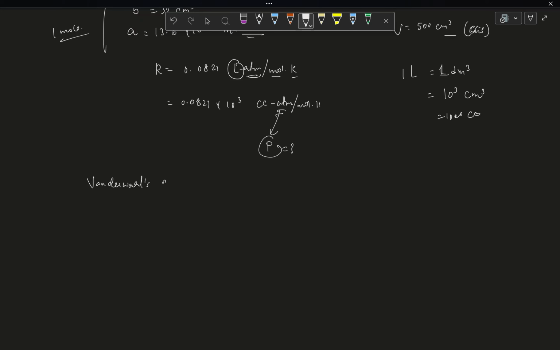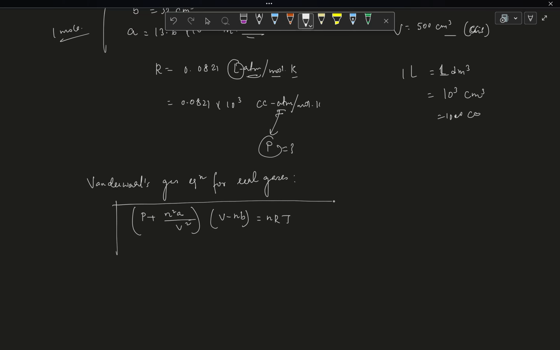So we write down the van der Waals gas equation for real gases, which is (P plus n square A by V square)(V minus nB) equals nRT. Let us box this equation so that it is highlighted. Here remember that n is the number of moles of that system.